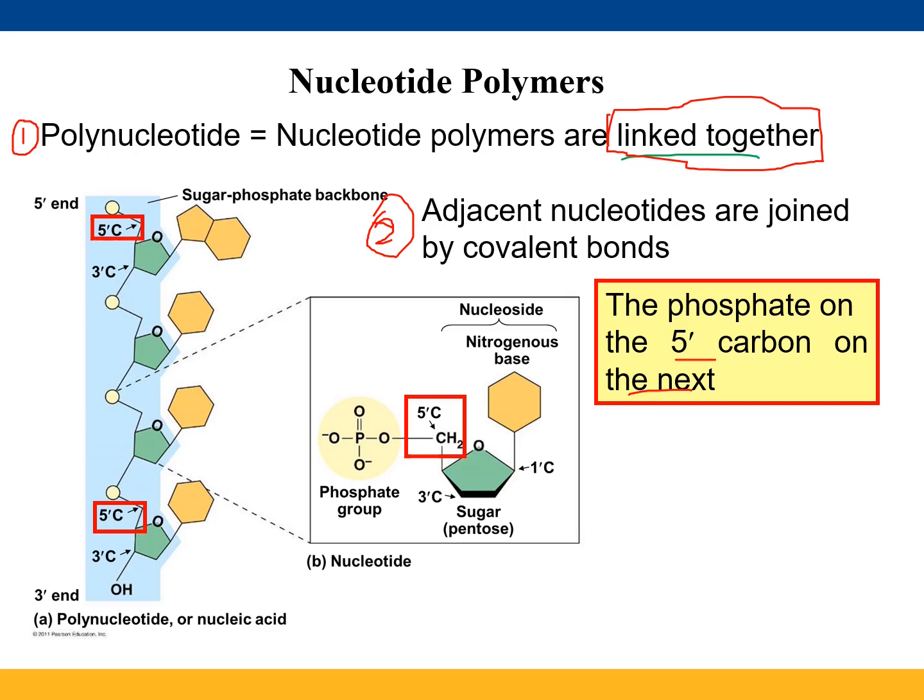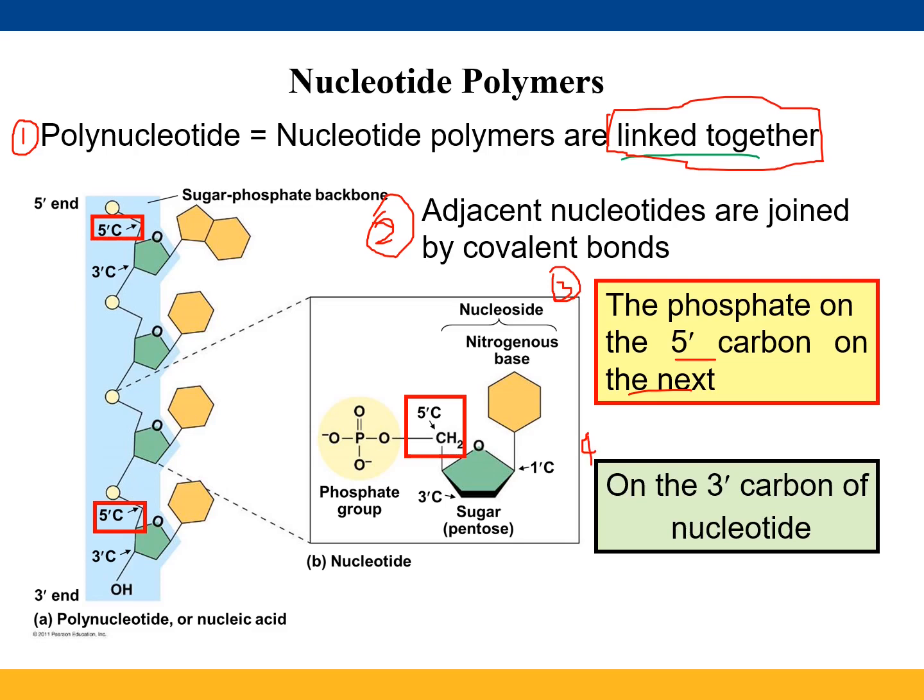I want you to remember. On the other hand, on the 3 carbon of the nucleotide, you will have an OH that is on the previous nucleotide. And you can see them here in these black squares. Finally, something that I didn't show here, but I previously talked about, I just remind you that in the carbon number 1', you will always find a nitrogenous base.